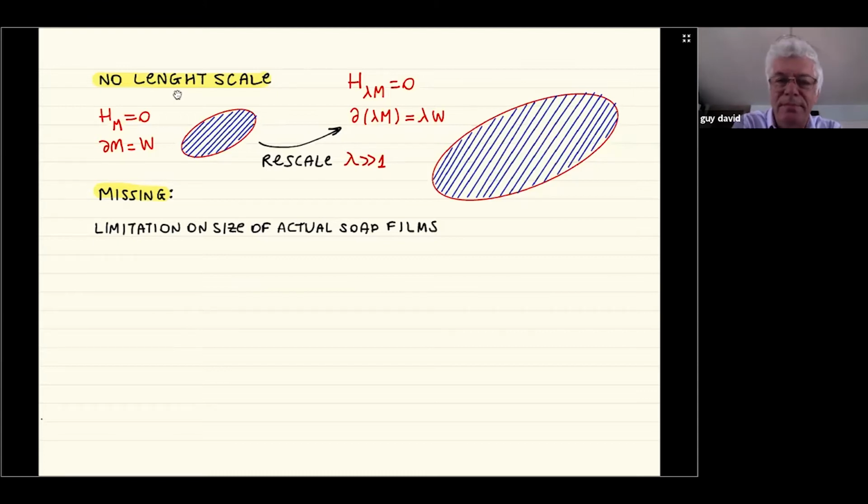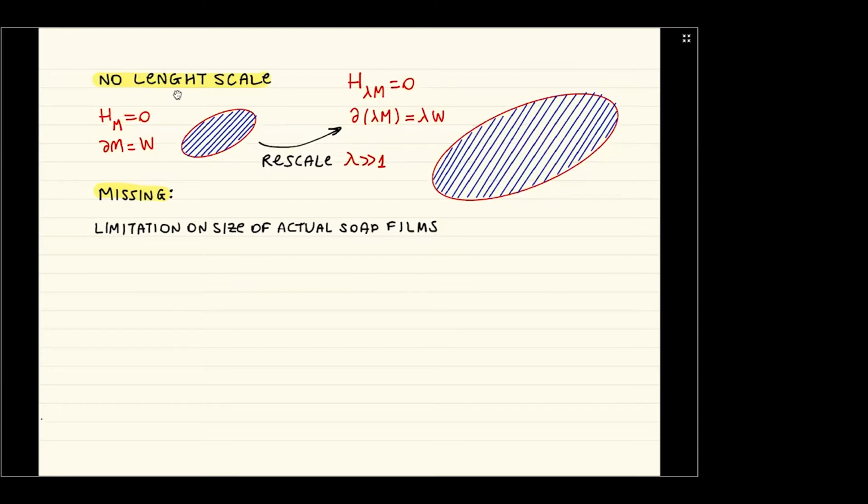Okay. So I was talking about limitations of the minimal surface model, and another interesting one is that there is no length scale. So essentially, if you work with a circular wireframe and you just rescale it by a huge factor, according to the model, you still observe some subfilm flat disk filling it, right?